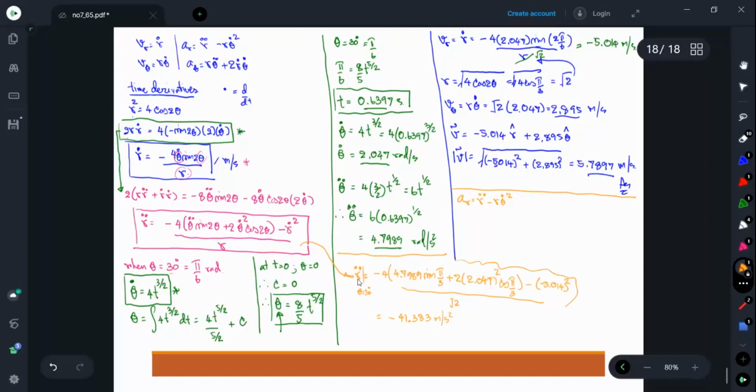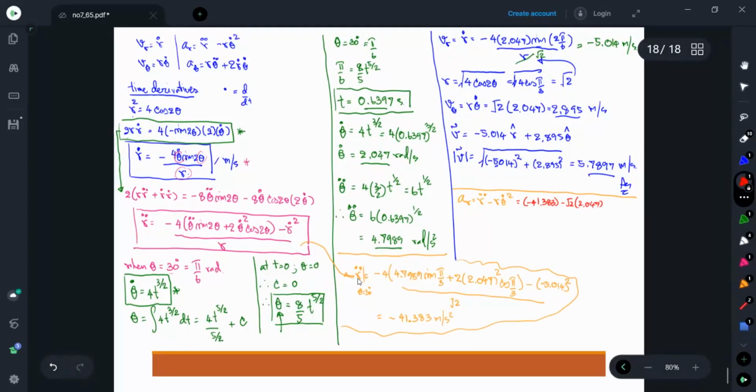Then we substitute this value back into AR, and we obtain that AR is equal to minus 47.3.